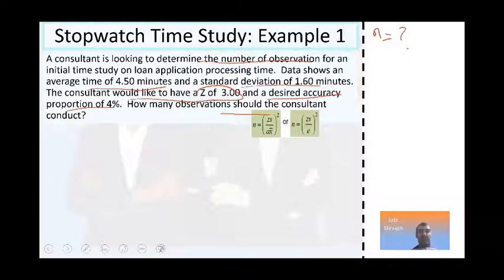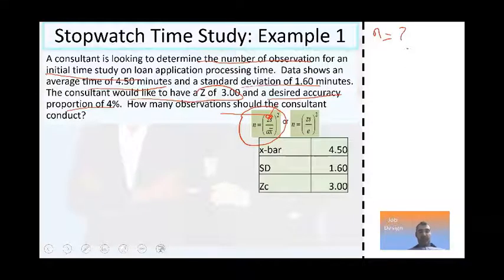Since they're telling us this is an initial time study, we know that we're going to be using the equation to the left. Now we know what x bar is, the standard deviation, and z, so all we have to do is plug in the numbers.